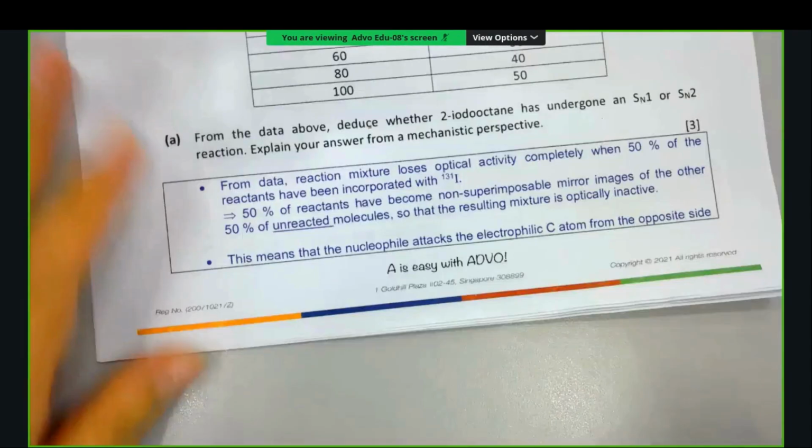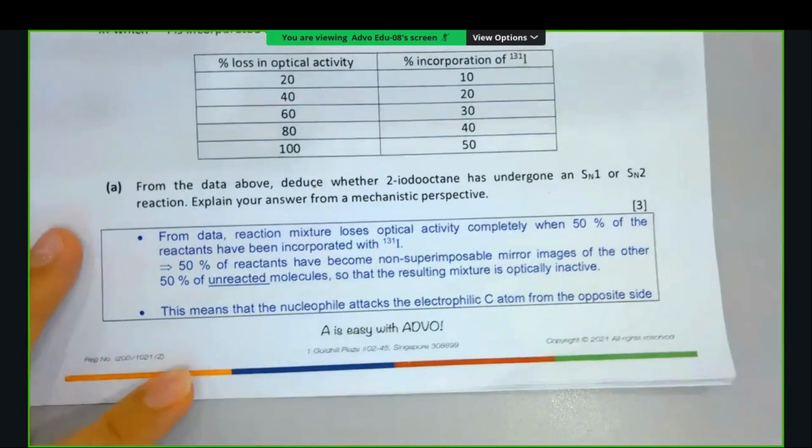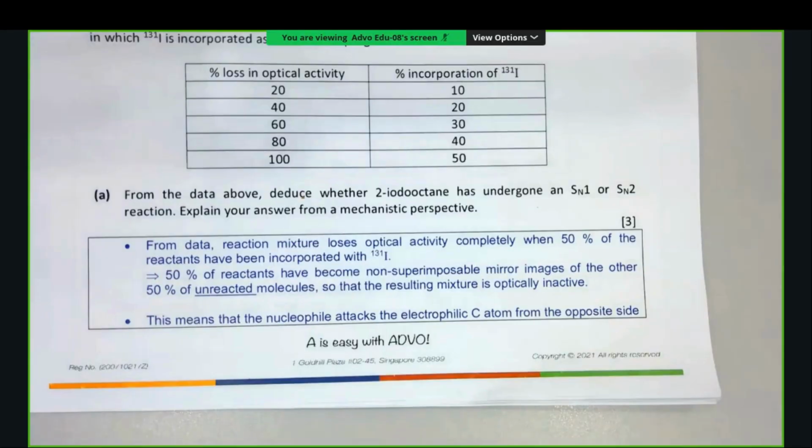Okay, guys, I think it's time for you to take this down. You understand, but the phrasing matters. From the data above, the mixture loses optical activity completely when it's half reacted. 50% incorporated means half reacted. So 50% of the reactants have become non-superimposable mirror images of the other 50% unreacted.